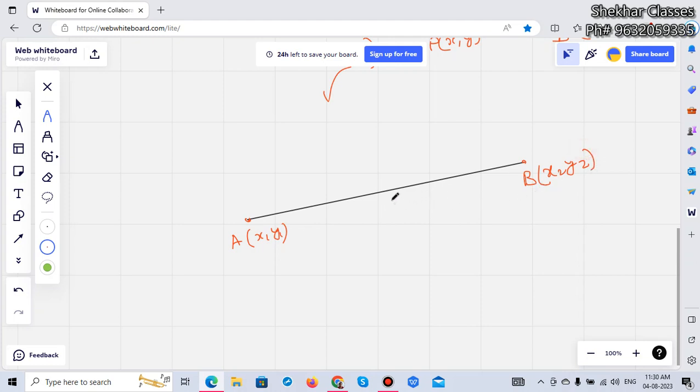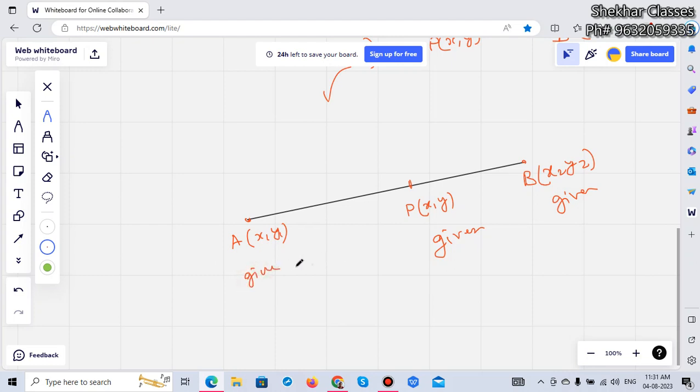Now it says there is a point P somewhere, and the coordinate is given to you. So x and y are given. This is also given, and this is also given.